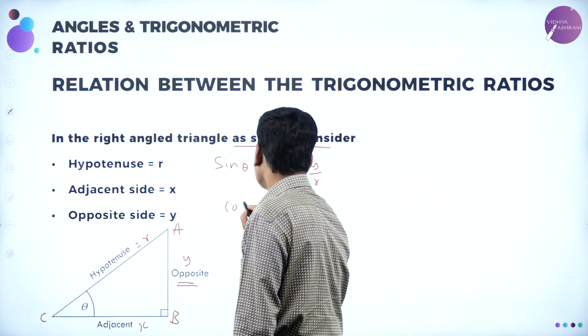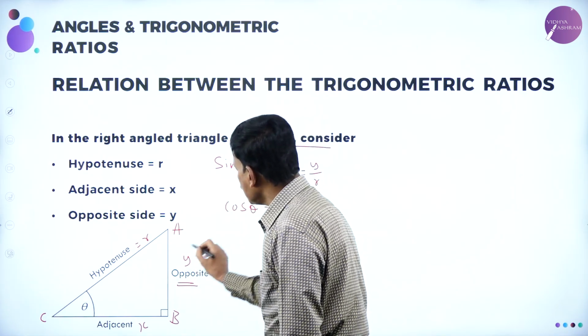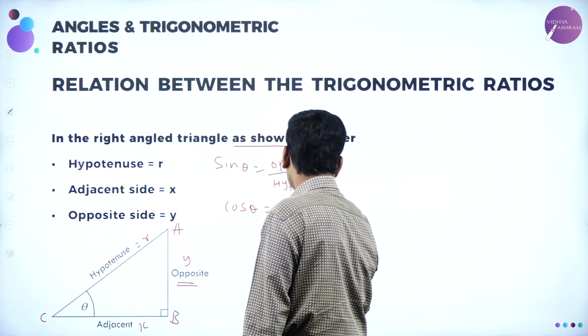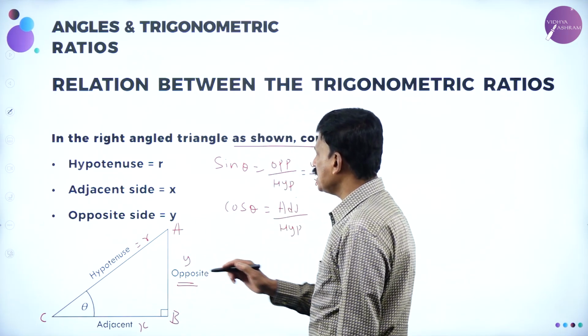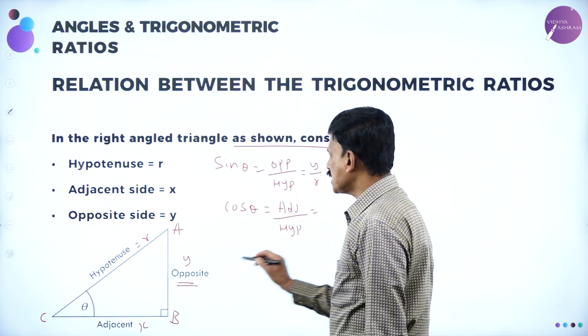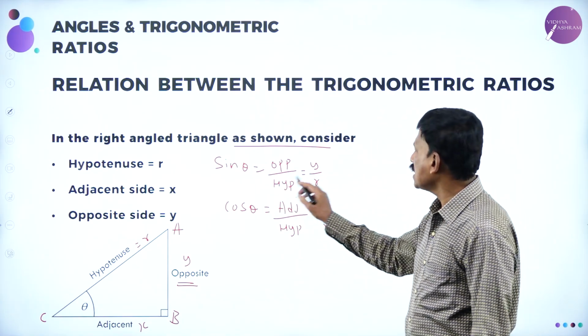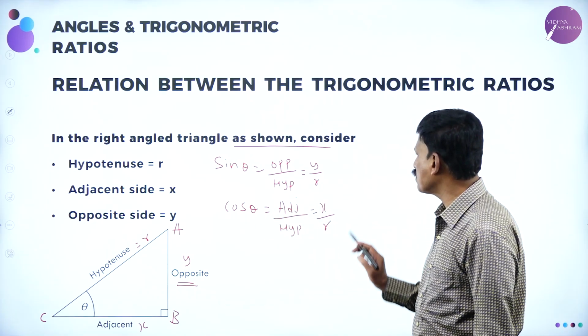And cosine of angle theta is defined as cos theta is equal to adjacent side divided by hypotenuse. What is adjacent? BC divided by AC, that is nothing but X divided by R. So sin theta is opposite by hypotenuse, and cos theta is adjacent by hypotenuse, X by R.